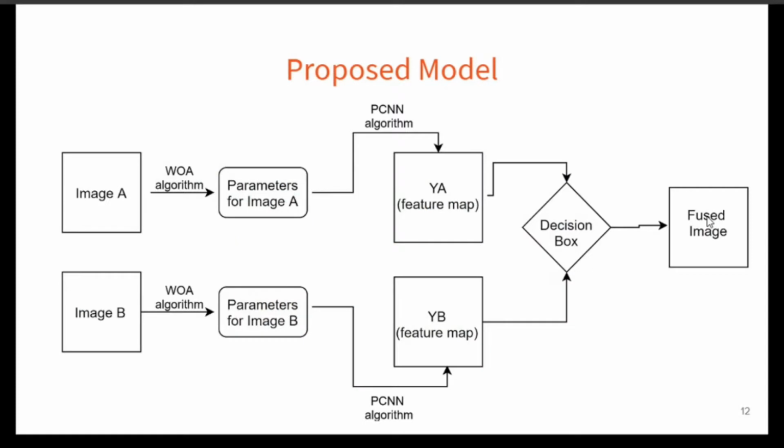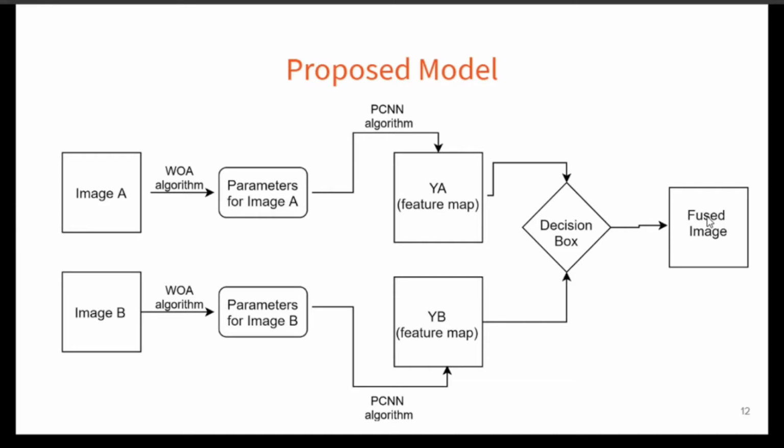Here we have the entire model used for the fusion of medical images. The two original images are first passed through the WOA algorithm, which uses the fitness criteria to calculate the parameters for both of these images, which are required by the PCNN algorithm. The PCNN algorithm then calculates the feature maps of these two images and passes them on to the decision box.